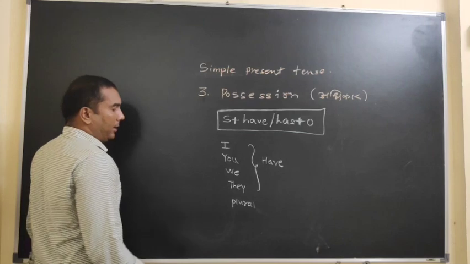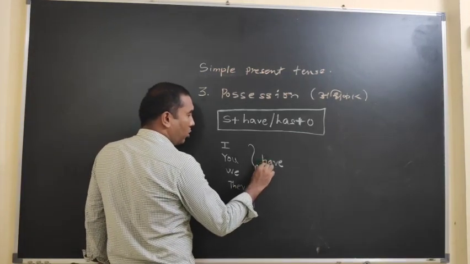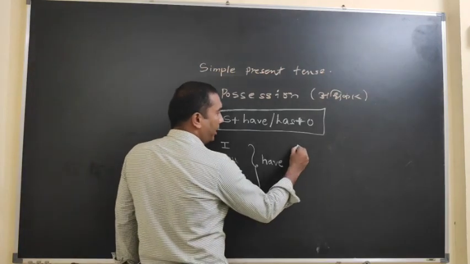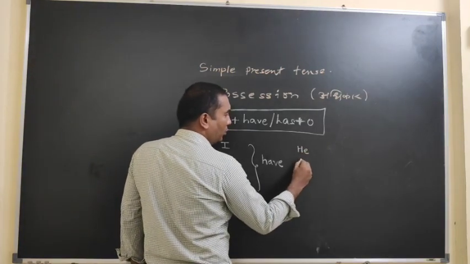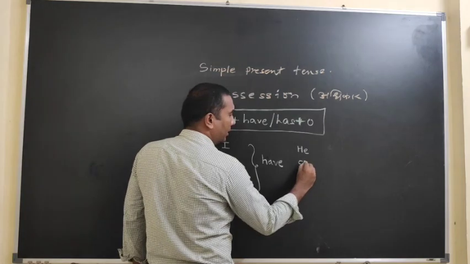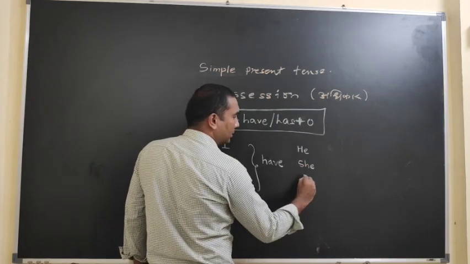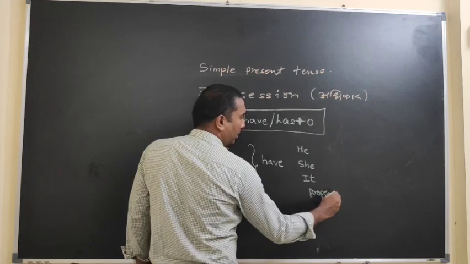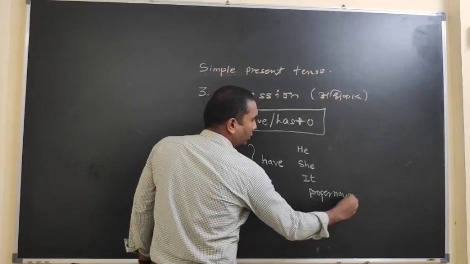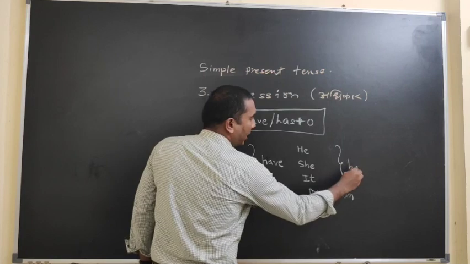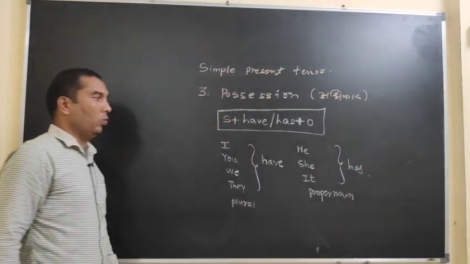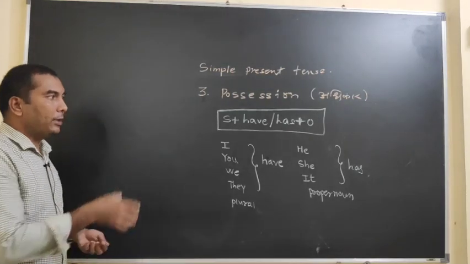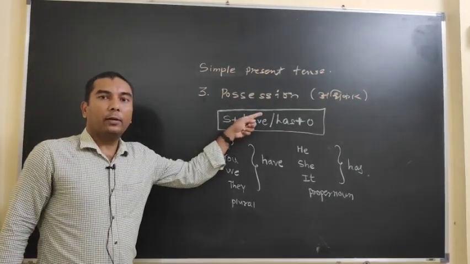Okay, and I am writing small have here so that confusion should not be created in your mind. And when I use he, she, it and a proper noun, then I can use has as a supporting verb. Has as a supporting verb. That you have to understand very properly.